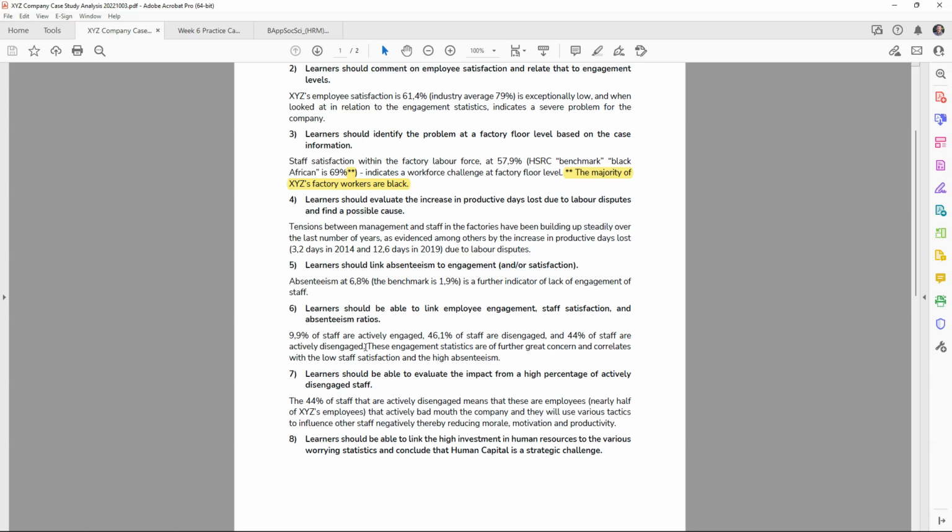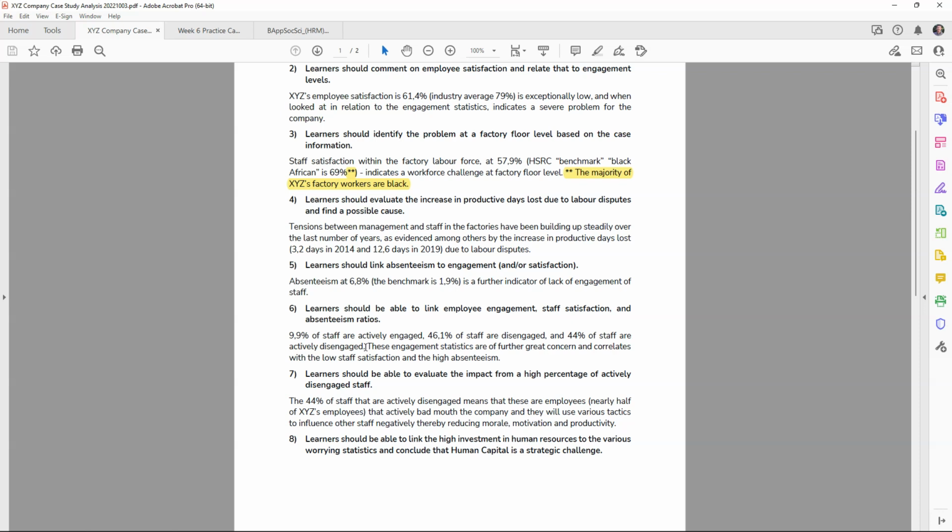The 44% that are actively disengaged will do so, and they will be a poison in the system. And let's not say we want to get rid of them, but how can we overcome that and make them engaged? The point being that it is very dangerous.